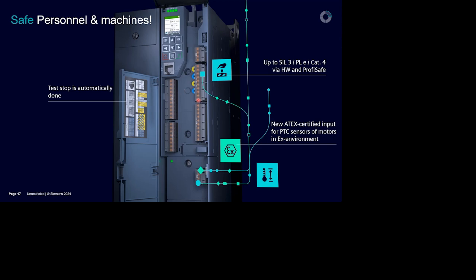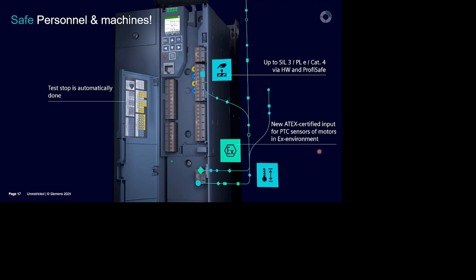It's pre-activated by default, so you don't need to go through the settings and activate it. It's already activated for you. If you just want to make use of it, remove these bridges, connect your emergency stop, and that will already be fulfilling SIL 3 PL e and working. Nothing else needs to be done from your side.